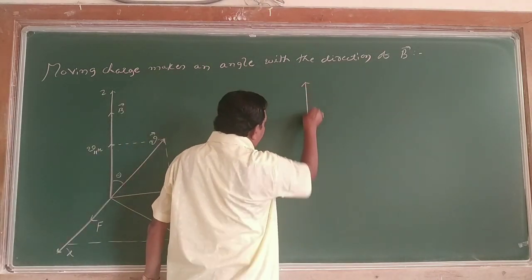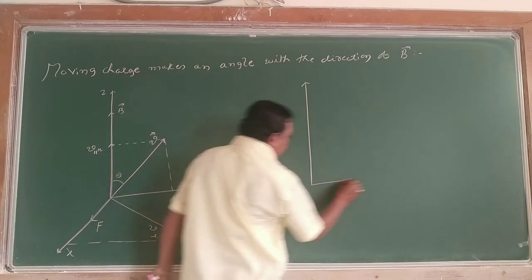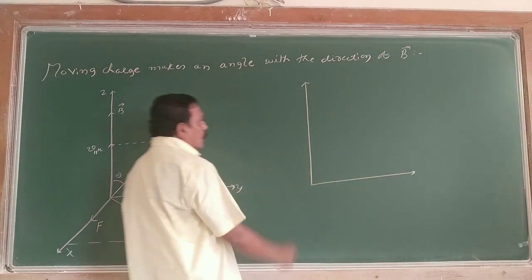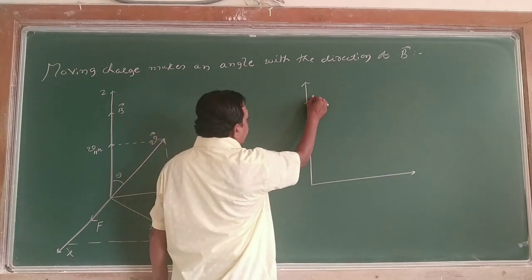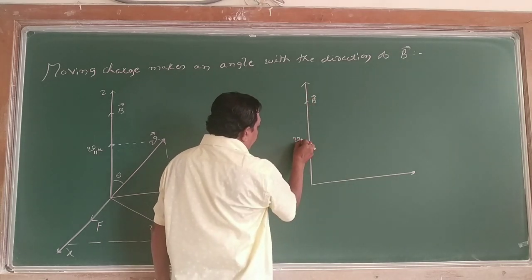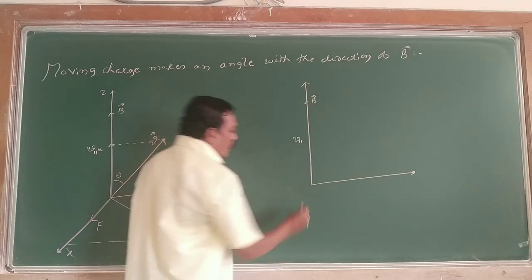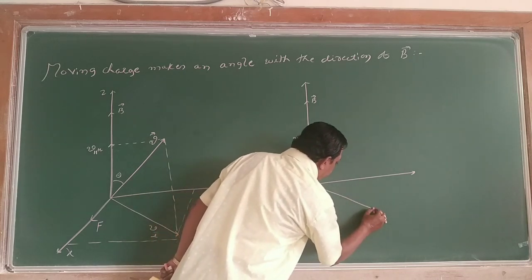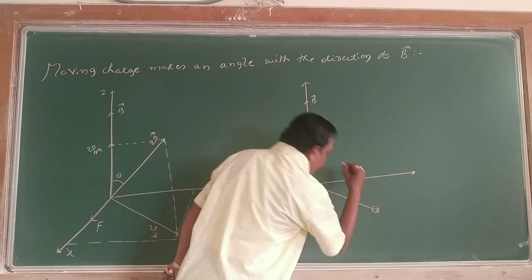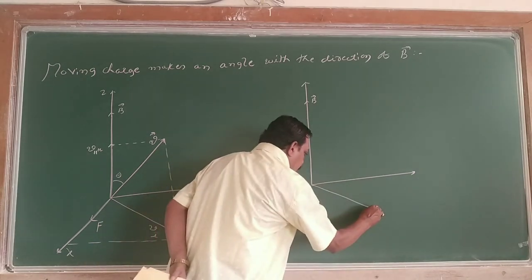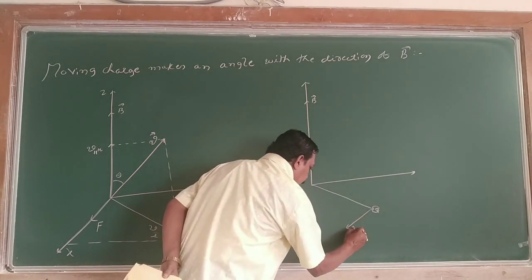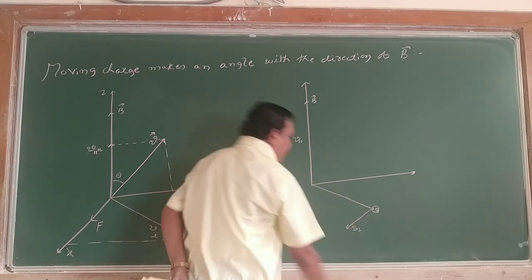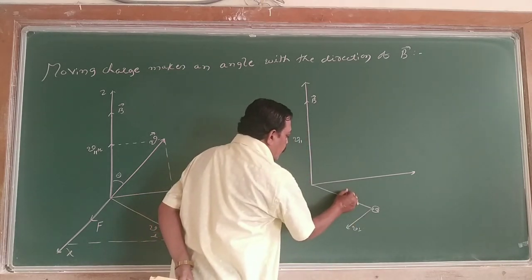I come to the motion of the charged particle. So this is the direction of the magnetic field. The parallel component is here. This is the charged particle plus q, moving with the velocity perpendicular component, and this is the direction of the force.